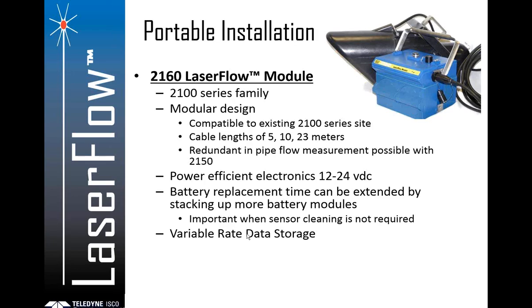So if you have a system that's typically pretty flat, but you want to capture storm events or industrial discharge releases, you can set up a primary data storage interval, say every 10 minutes, and then you can put a rate of change or a threshold in there for any measurable parameter. And if the meter sees that, it'll automatically switch over to that faster logging rate to capture that flow curve in a lot higher resolution.